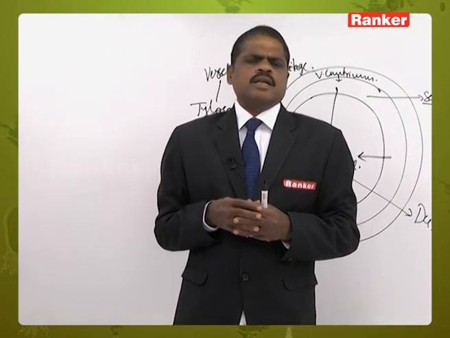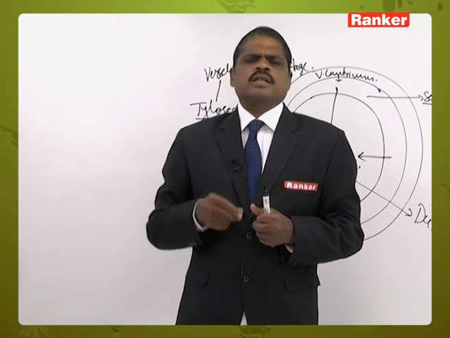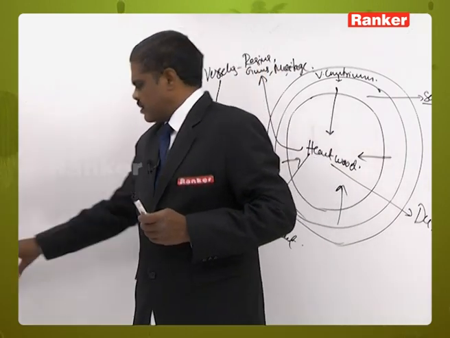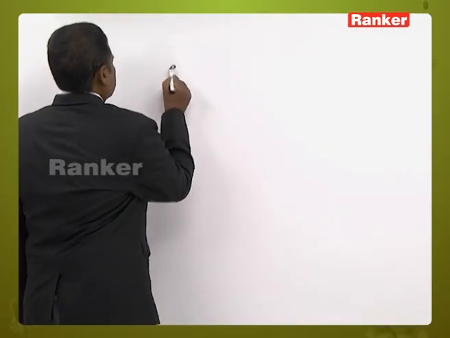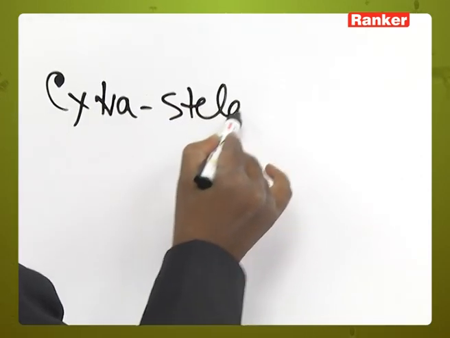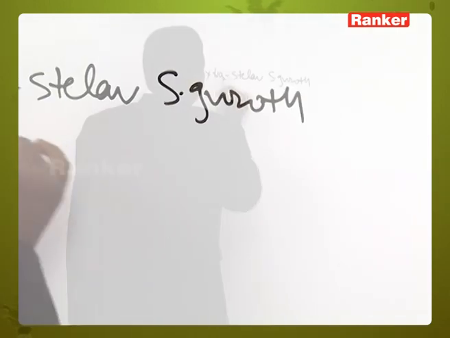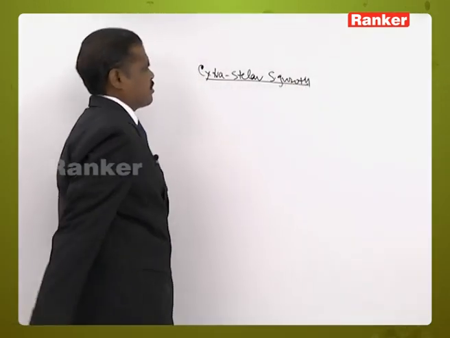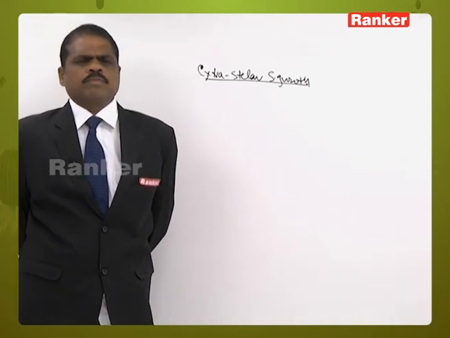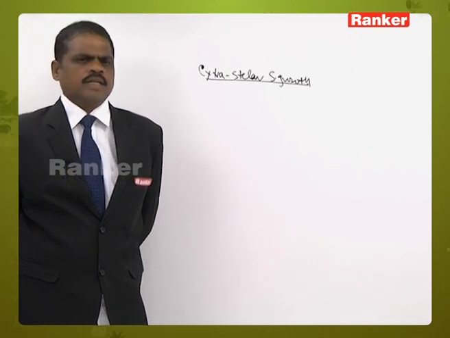So there is a need for extrastelar secondary growth, that is, secondary growth outside the stele. In extrastelar secondary growth, cambium formation occurs in the cortex.